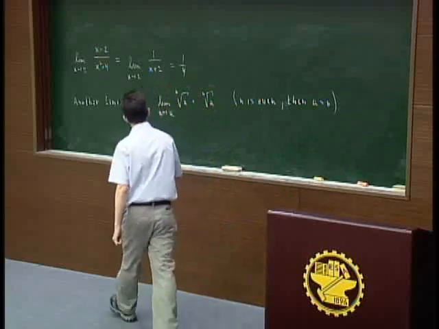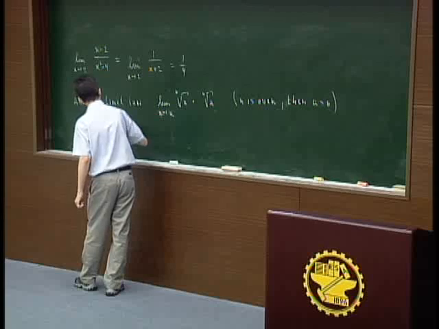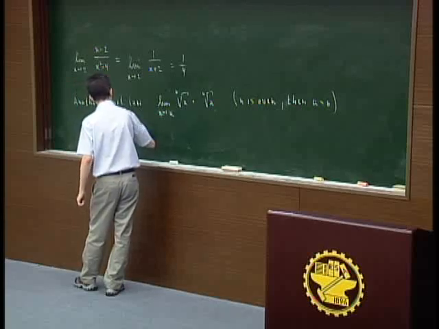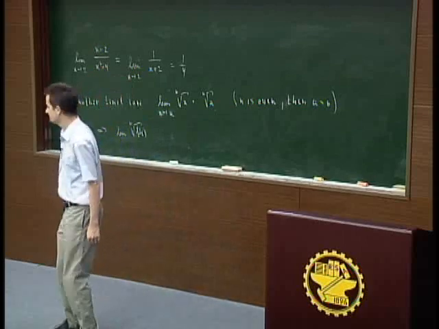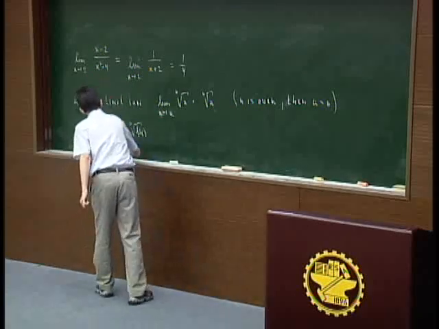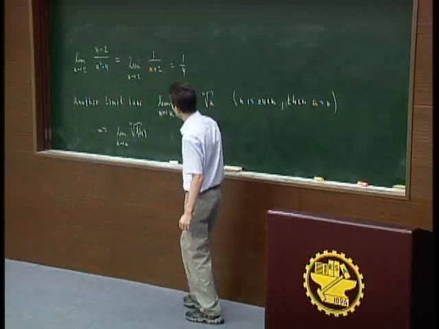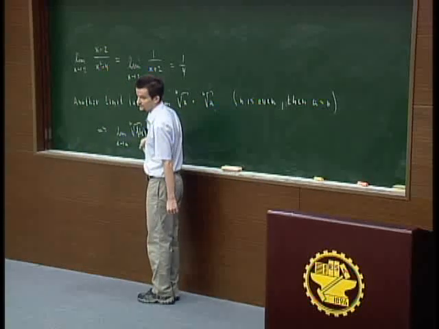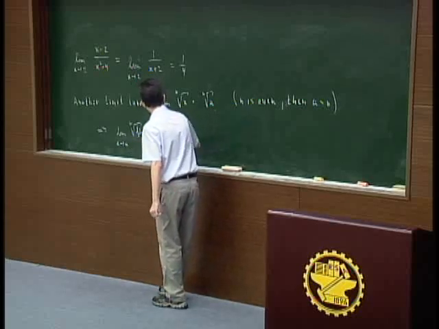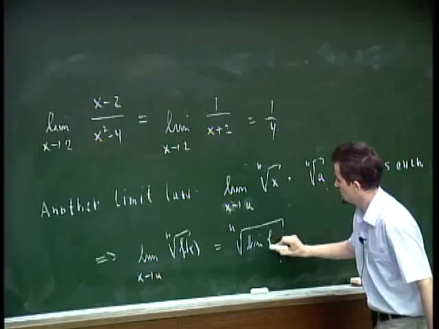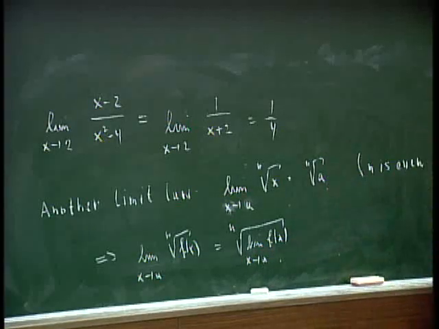And we will see later on that from this limit law, we will get that the limit of the nth root of a function f of x as x tends to a is equal to the nth root of the limit of f of x as x tends to a.